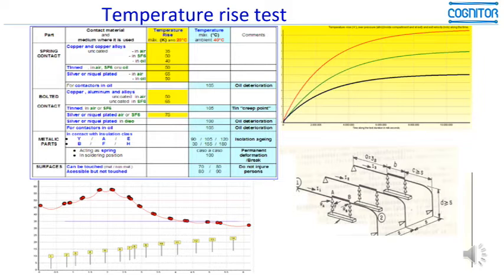And the main reason for these values is that they will determine if, let's call it this way, the life cycle of the equipment will be normal or will be reduced. Some of these points are related to the aging of contacts, connections, and so on.